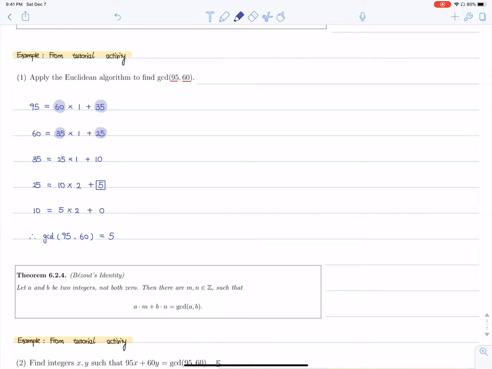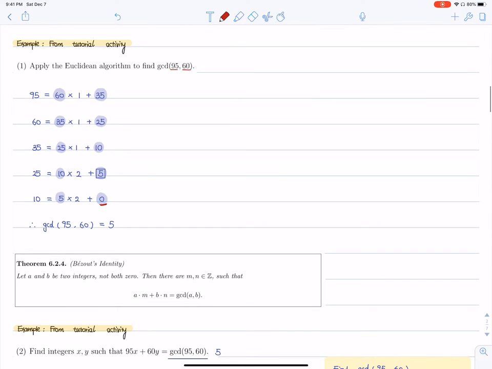You get 35 equals 25 times 1 plus 10. And you do the same thing again and again until you get 0 as a remainder. Alright? This is when you can stop.